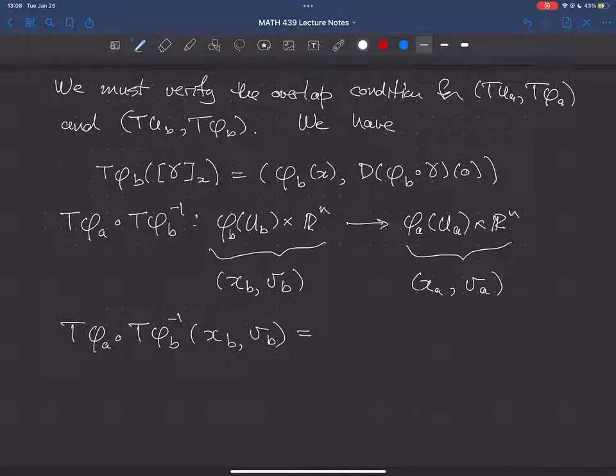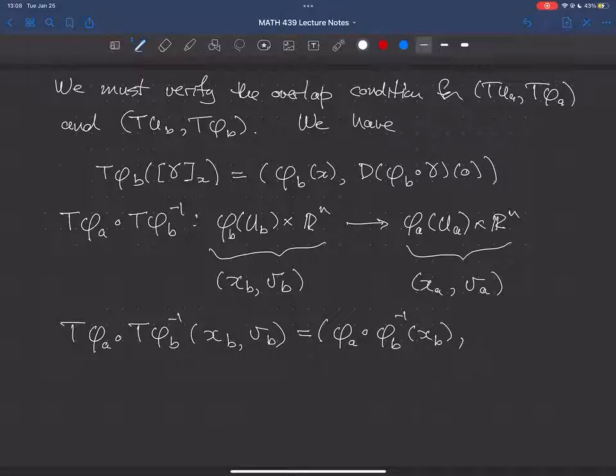So, well, in the first component, what's it going to do to X_B? Well, it's going to do to X_B what the overlap condition for phi B and phi A does to X_B. And so that's just going to be phi A composed with phi B inverse of X_B.